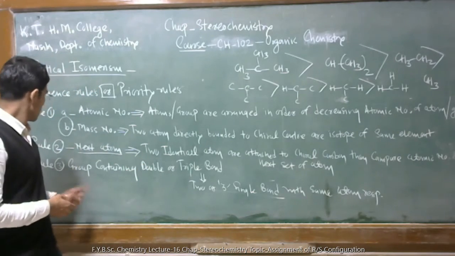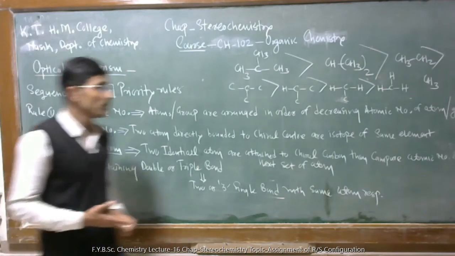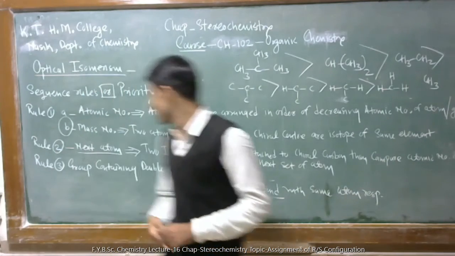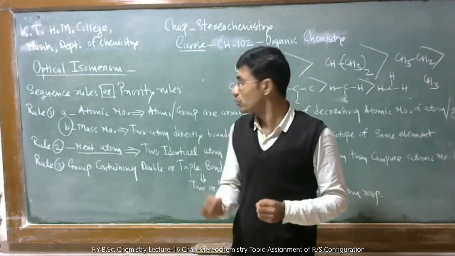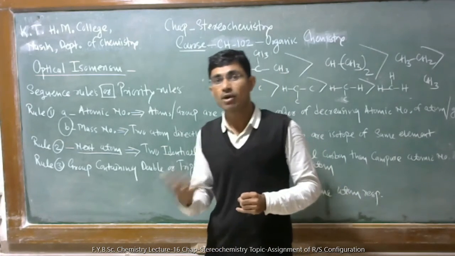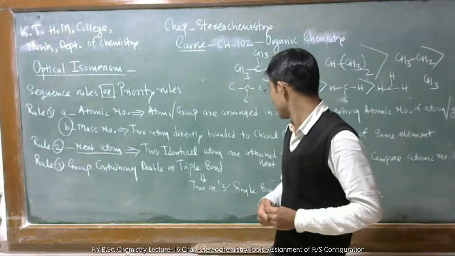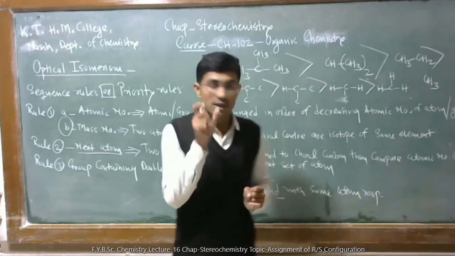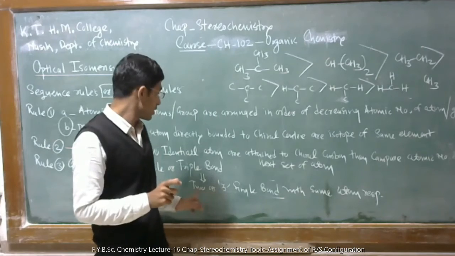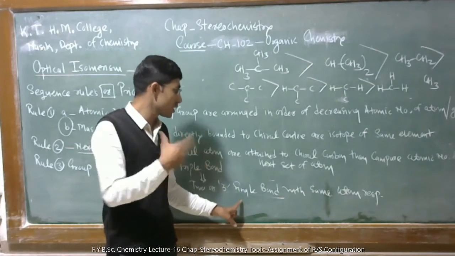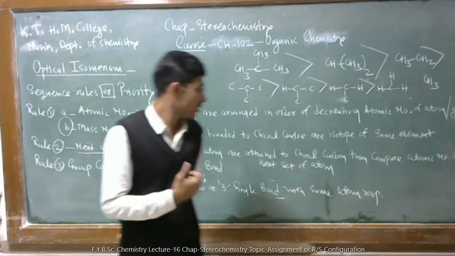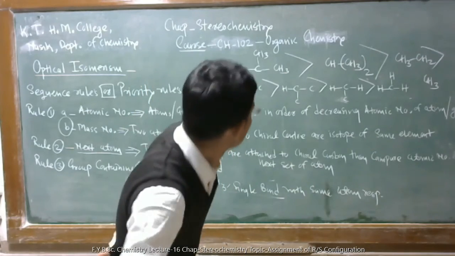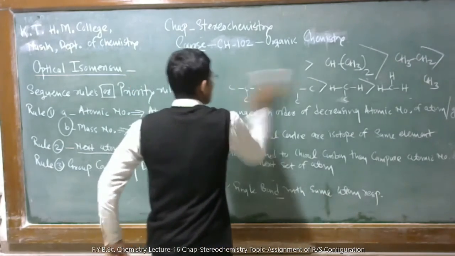The third rule applies when the chiral carbon is attached to a group which contains a double or triple bond. In that case, a double or triple bond must be considered as two or three single bonds with the same atom, respectively.